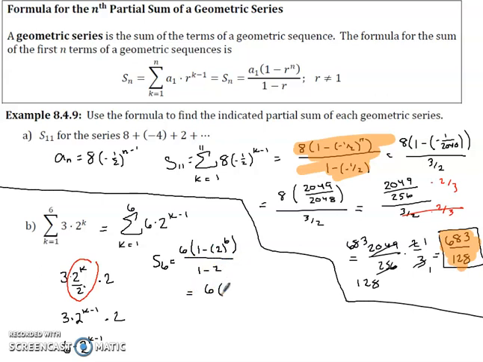So I've got 6 times 1 minus 64, all over a negative 1. 6 times negative 63, all over a negative 1, which simplifies down to a positive 378. So the value of the sum of the first 6 terms of our geometric series is 378.